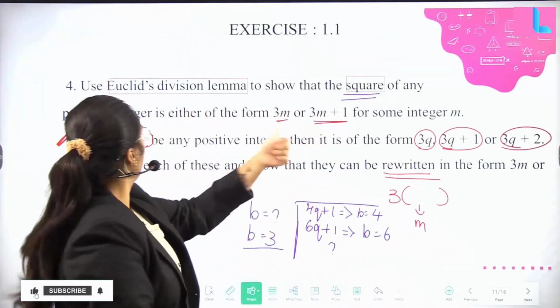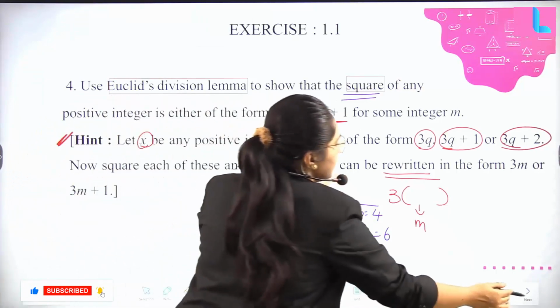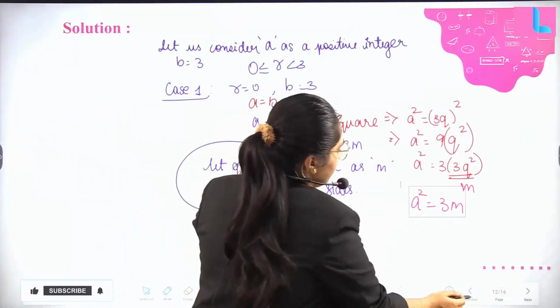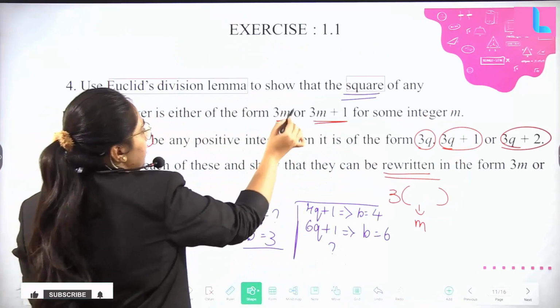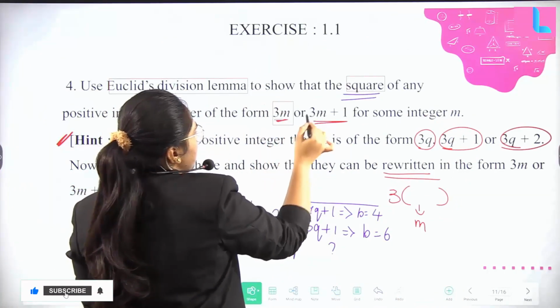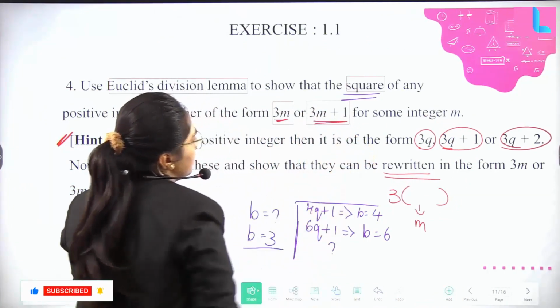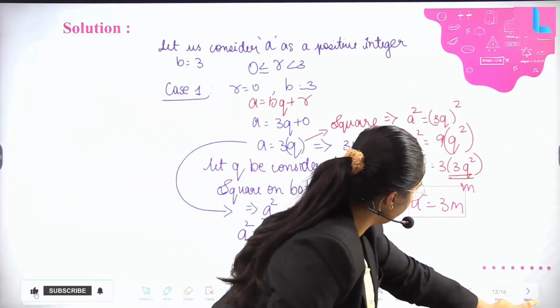If you read the question, square of any positive integer, here the square of a should be 3m or 3m plus 1. We've already got this 3m.